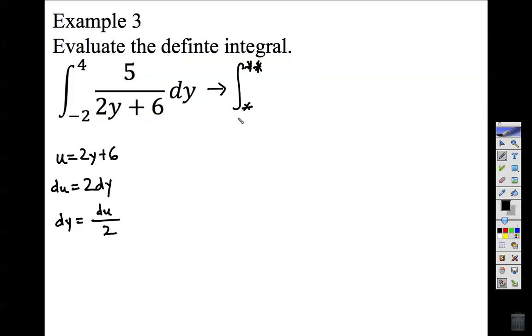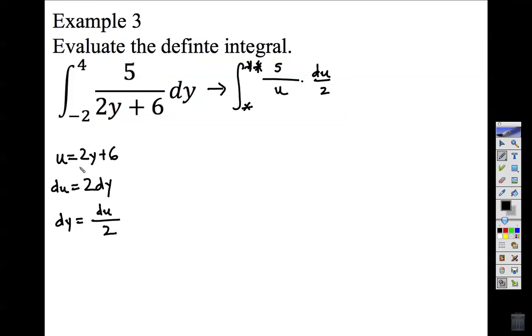Alright, I am not writing down -2 and 4 for our limits because now we are writing this in terms of u. These two numbers may be the same, but chances are they're not, and I'm just going to write these symbols so that I don't substitute 4 and -2 in here and forget to keep everything in terms of u.